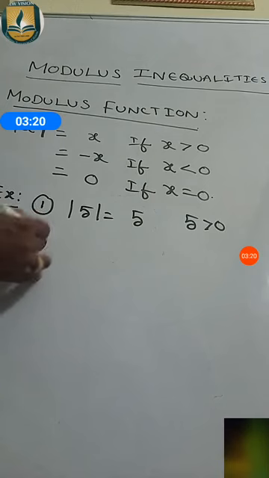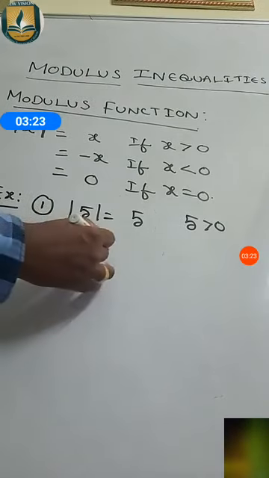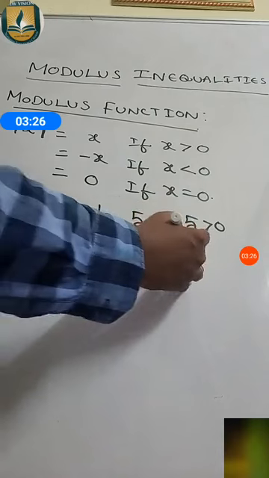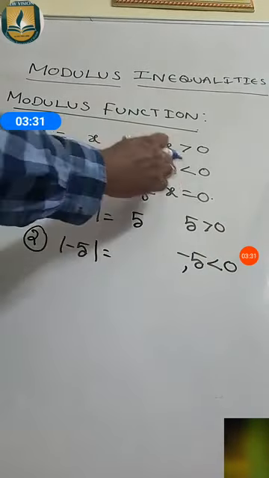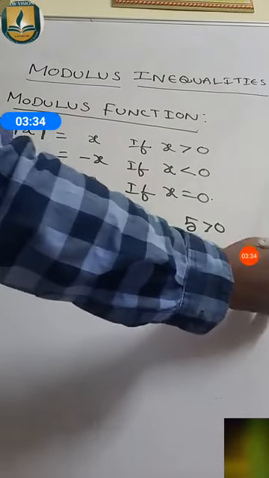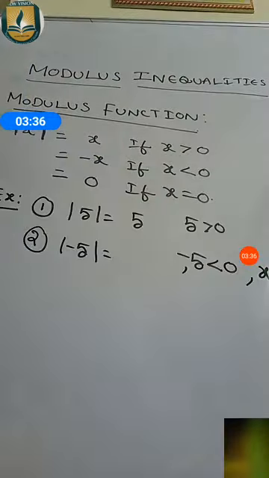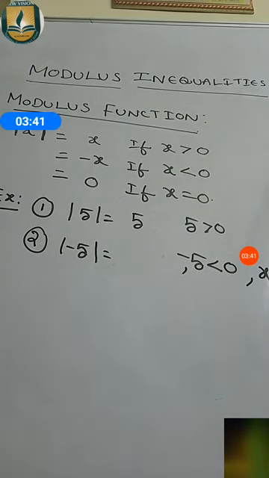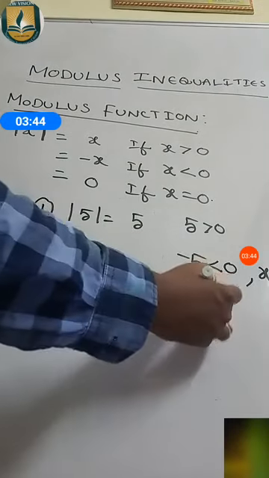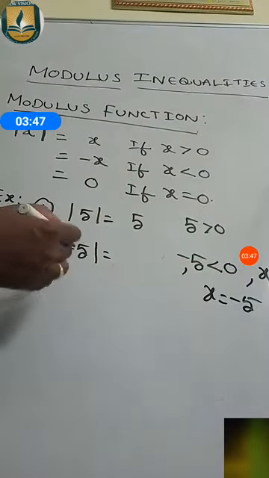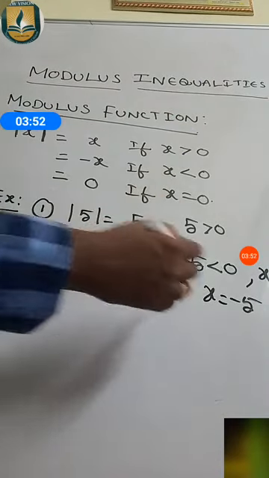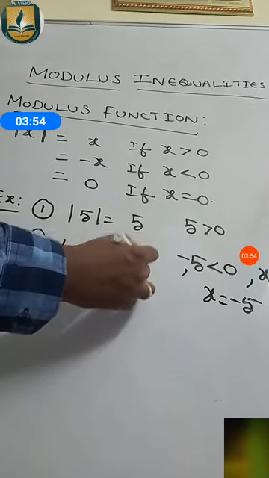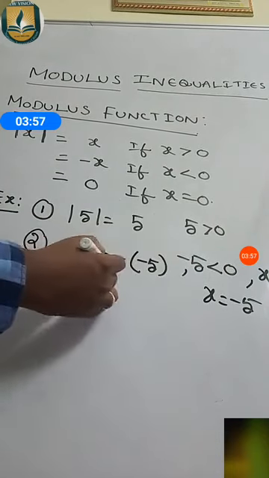Now, second one, modulus of minus 5. Here minus 5 is less than 0, my dear students. If x is less than 0, here minus 5 is less than 0, that's why you need to take minus of x, that is minus of minus 5.